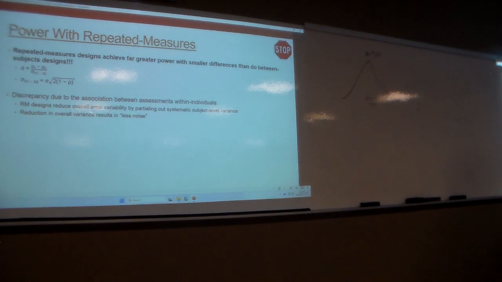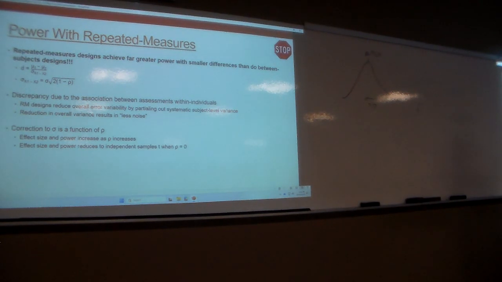But if I measure Lexi once, twice, three times, again and again, each one of those values is controlled by Lexi, because it's Lexi doing the same thing over and over. And what we get is less noise. We don't have to worry. We start to partial out these individual differences by looking at that correlation.